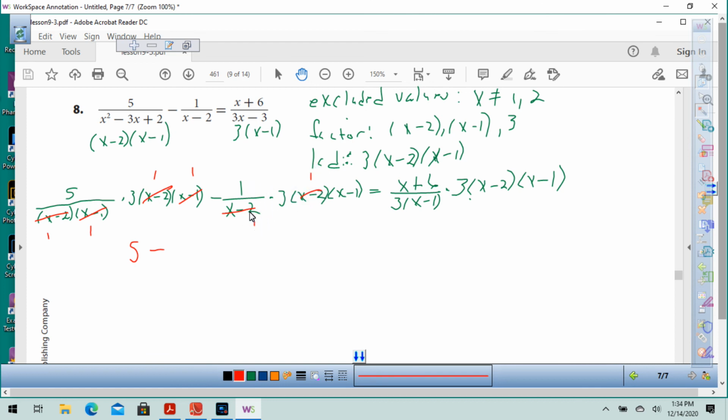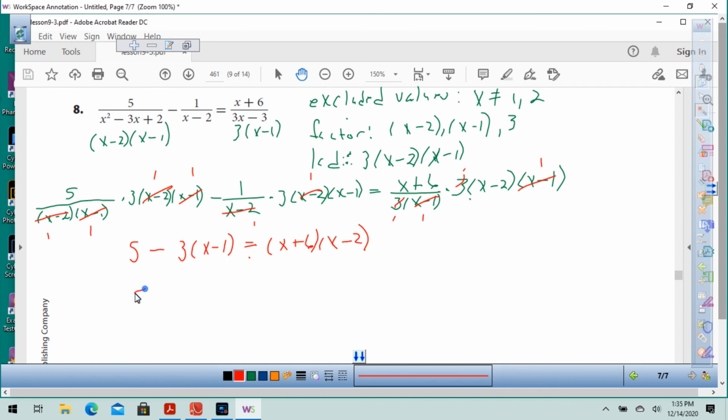We got 1 times 3, so that's going to give us 3 times x minus 1, minus 1 equals, the 3's cancel out, the x minus 1's cancel out, and we are left with x plus 6 times x minus 2. I think it's looking good so far.